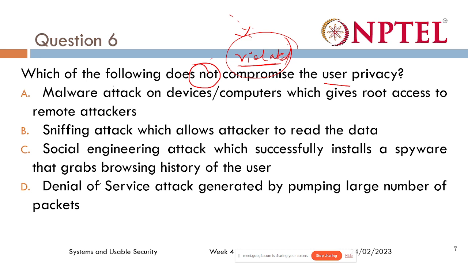D. Yeah, correct. Why? Because the last one, denial of service, is related to availability, not with respect to privacy.